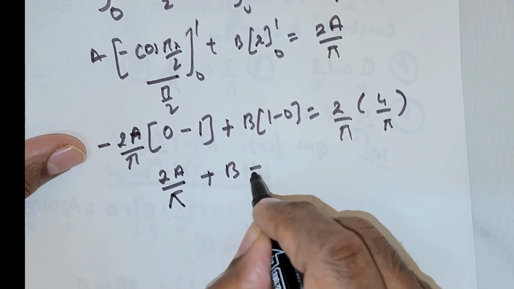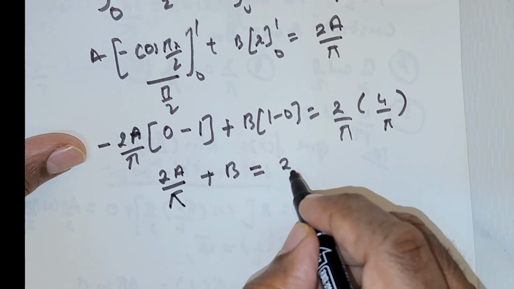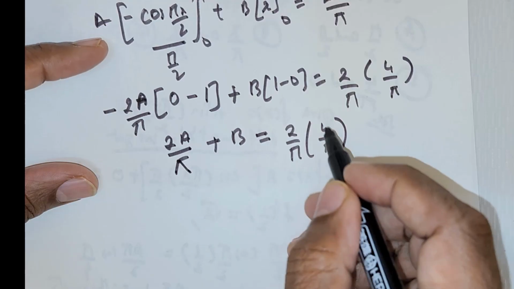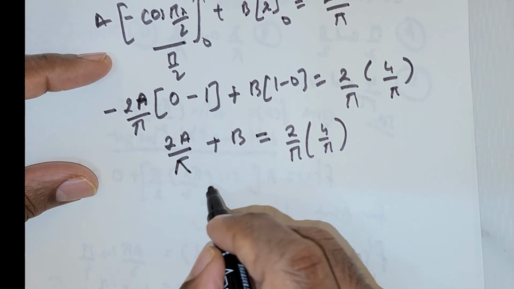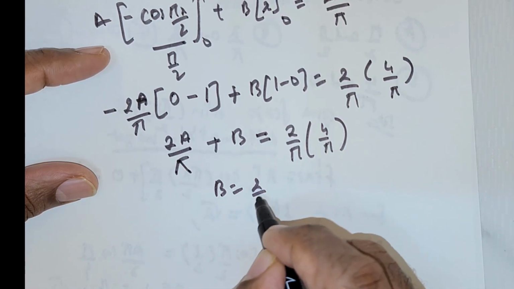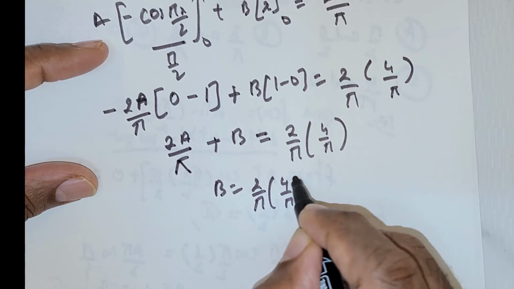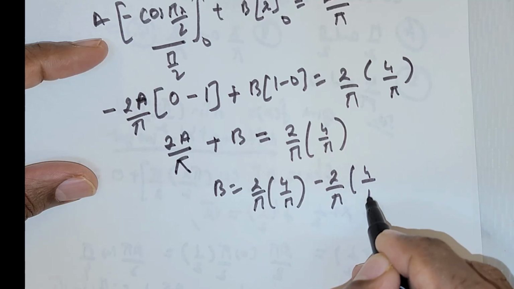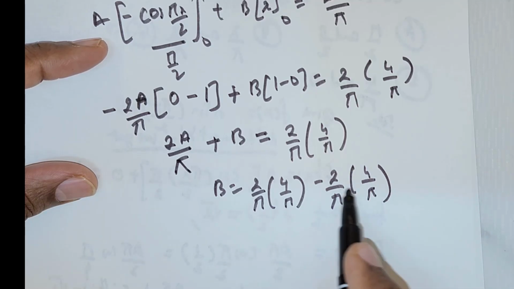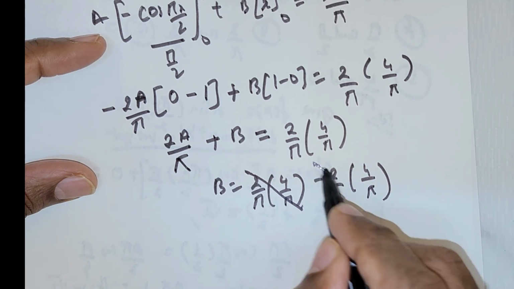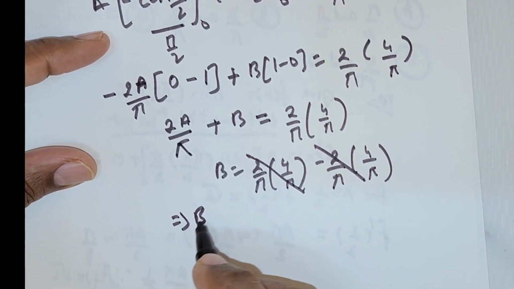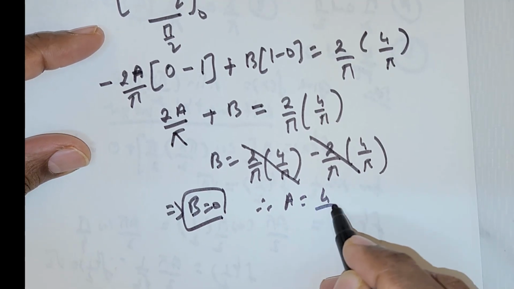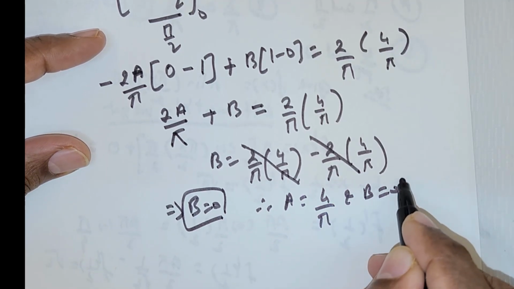So b is equal to 2 times a over pi, with a as 4 over pi. I'm not going to do anything with the simplification, so let's have it as it is. So now b is equal to 2 times a over pi minus 2 times a over pi, and a is 4 over pi. We see that both the terms are one and the same, so we can cancel out, giving me the value of b to be equal to 0. So therefore a is 4 over pi and the value of b is equal to 0.